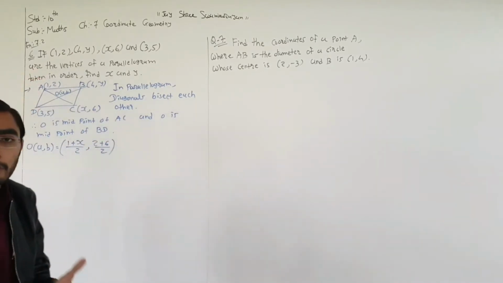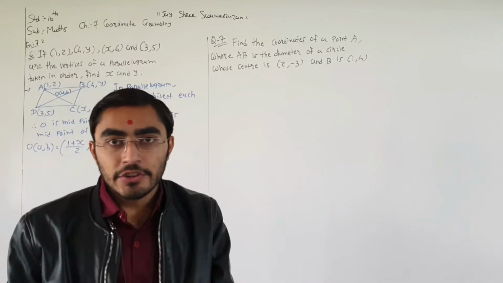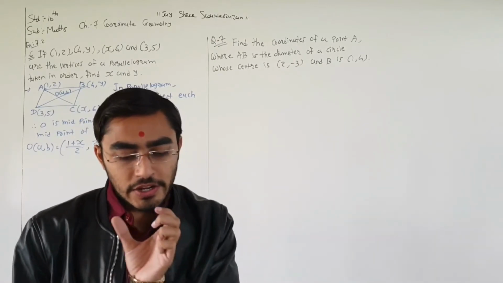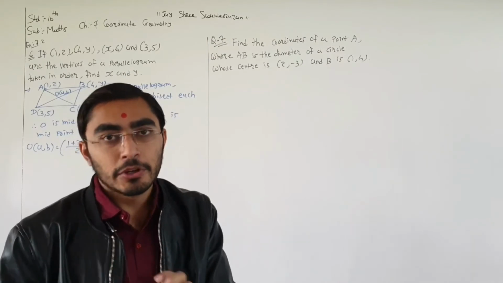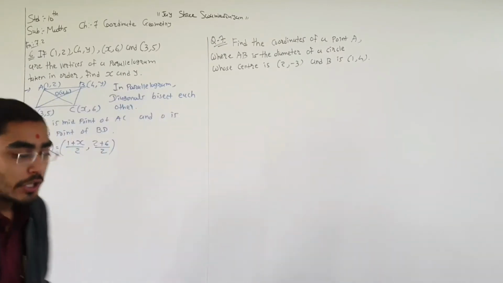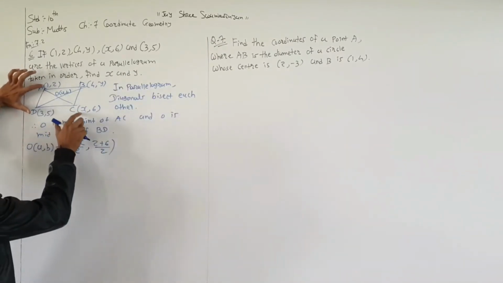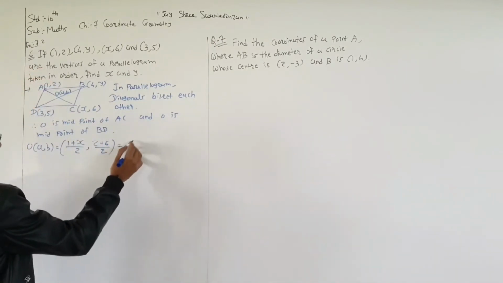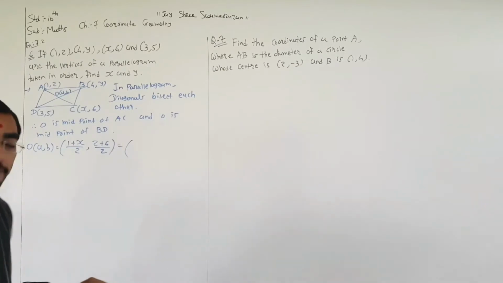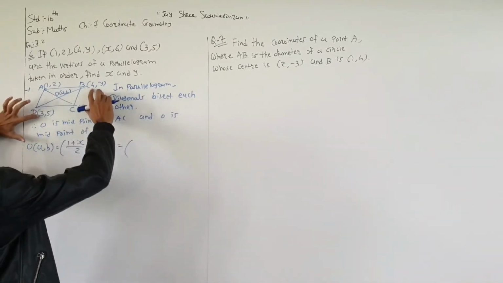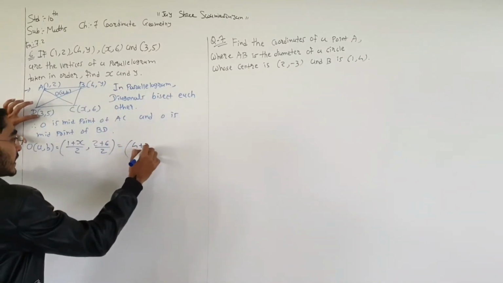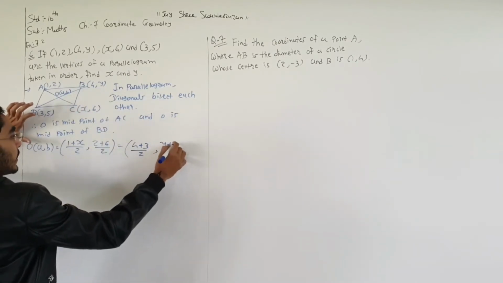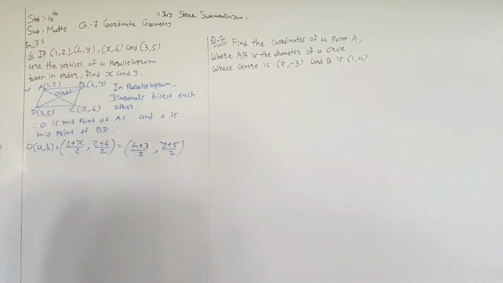What is the midpoint formula? Addition of x coordinates divided by 2, x1 plus x2 by 2, and addition of y coordinates divided by 2, that means y1 plus y2 by 2. So here, (x plus 1) by 2, and (6 plus 2) by 2. Now the same thing we can use for diagonal BD: addition of x coordinates, (4 plus 3) by 2, addition of y coordinates, (y plus 5) divided by 2.